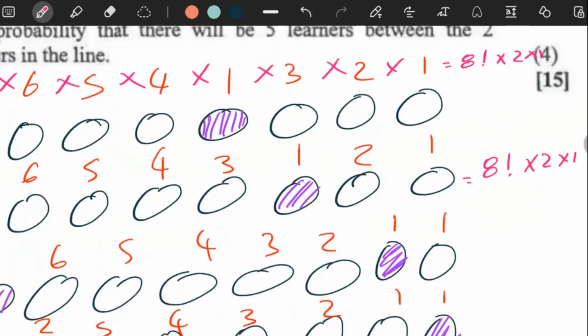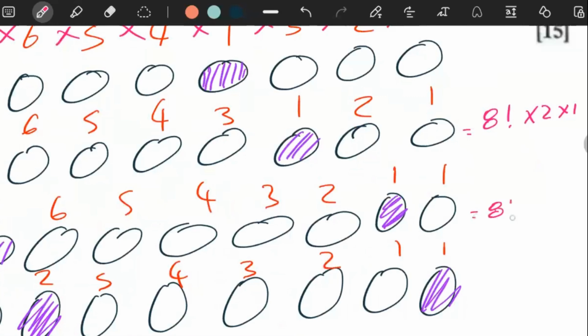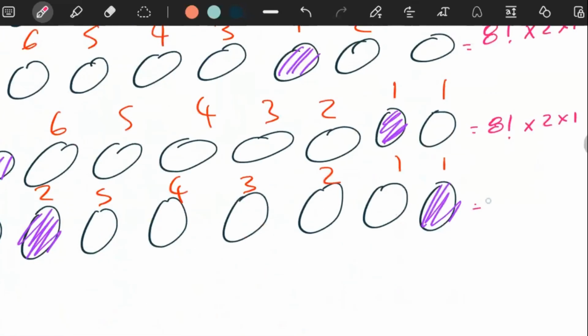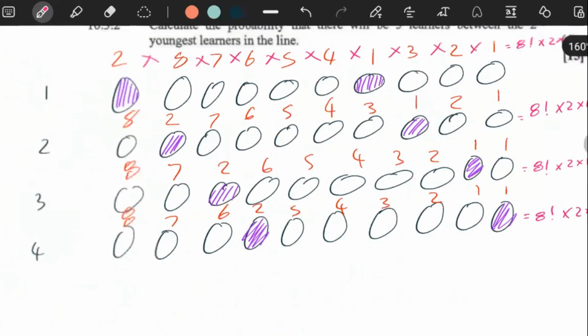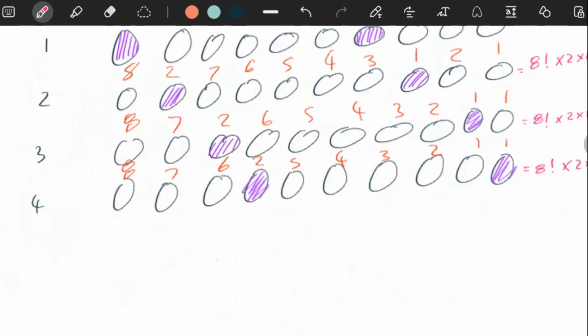So we have 8 factorial multiplied by 2 times 1, 4 times. These are all the number of ways that the young ones will sit 5 chairs apart.